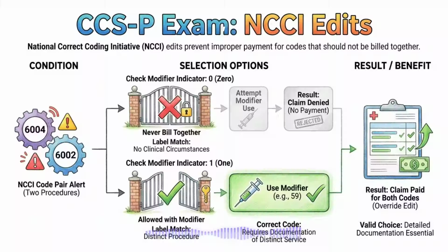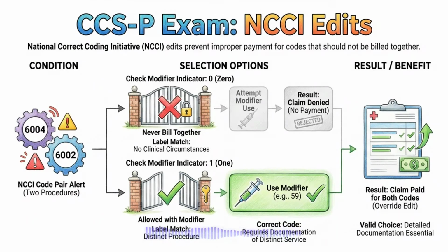To know if you are legally allowed to bypass an NCCI edit, you must check the modifier indicator assigned to that specific code pair. A modifier indicator of 0 means that there are absolutely no clinical circumstances where the 2 codes can be billed together, and you can never use a modifier to bypass the edit.